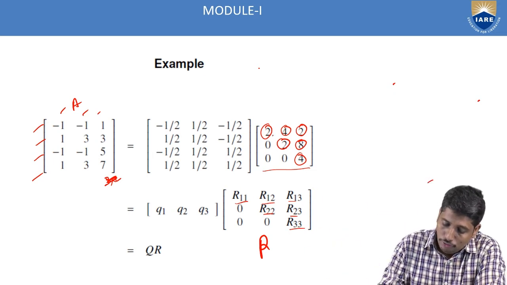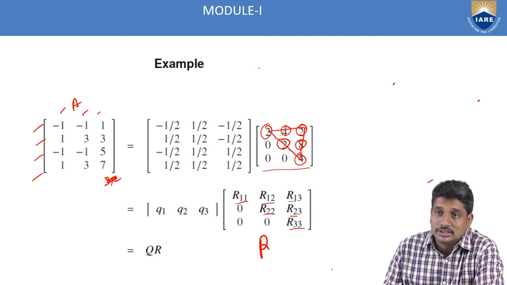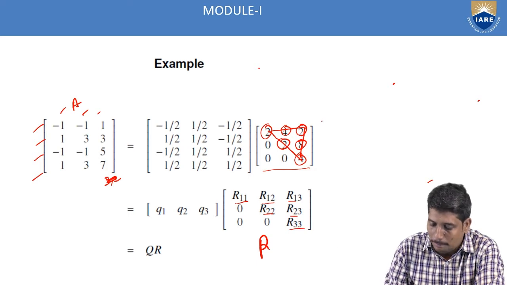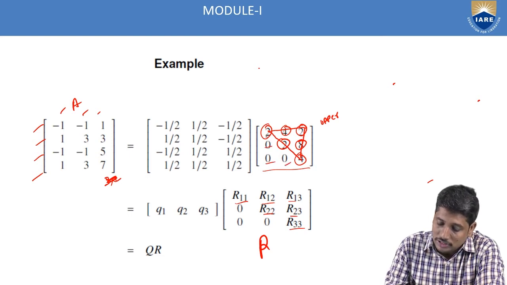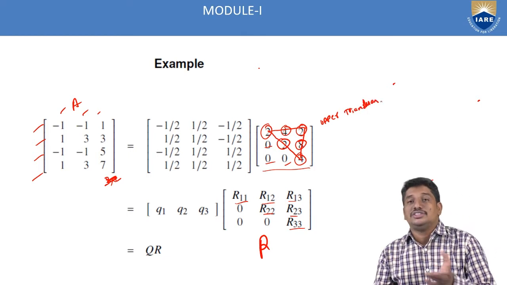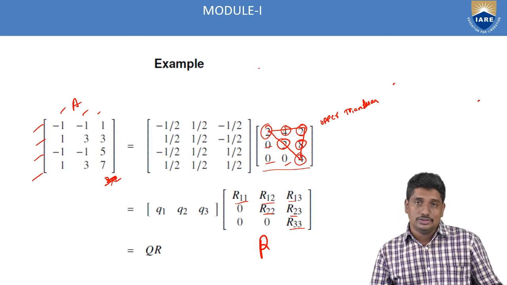That means we can form a right triangle with all the non-zero elements lying above the diagonal. That is why it is called an upper triangular matrix. The elements lying below the diagonal are zeros. That is the property of an upper triangular matrix, and hence we have successfully verified the second condition of QR decomposition.